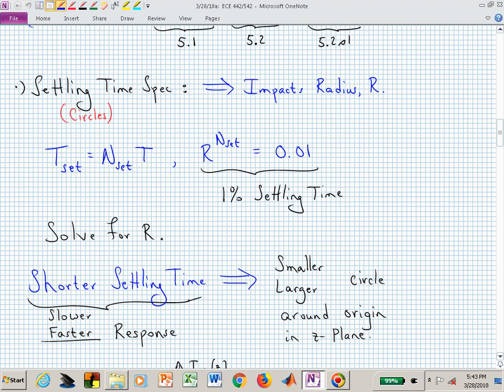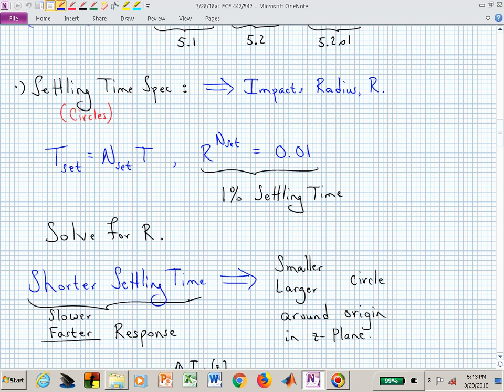But slower is up, faster is down. If I want a shorter settling time, which direction should your thumb go? So I want you to say slower is up, faster is down with the count of 3. 1, 2, 3.